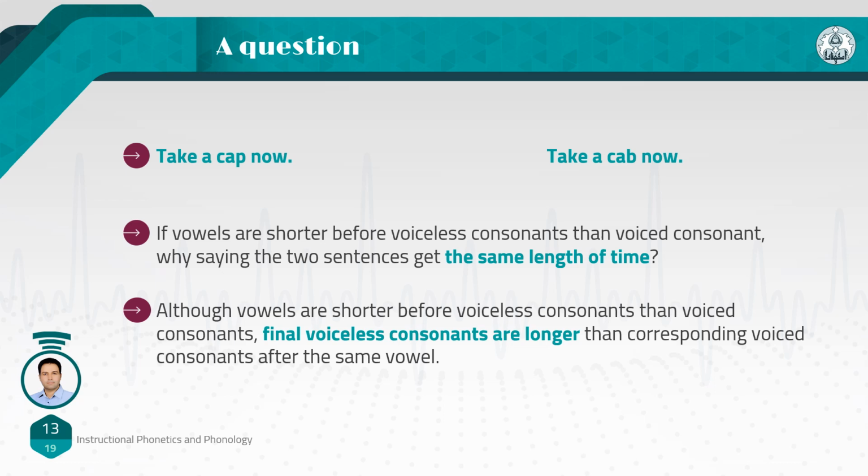So, although the vowel is shorter in cap, the consonant p is slightly longer than b. Therefore, the length of p makes up for the shorter vowel before it.